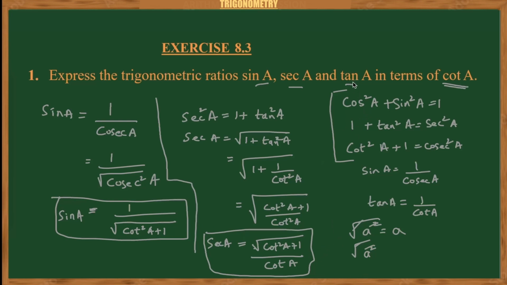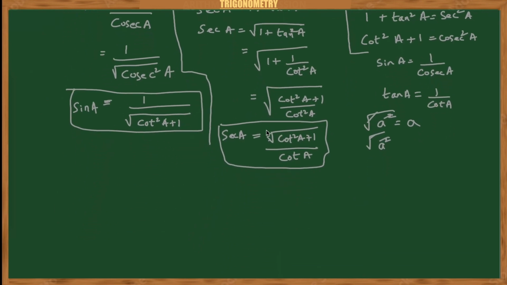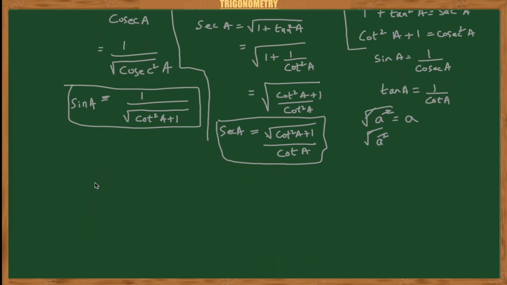So now we need to find tan A in terms of cot. Let's move it further. Tan can be represented as inverse of cot. This is the identity which we can use, 1 by cot A. So sin A is represented in terms of cot, sec A is represented in terms of cot, tan is represented in terms of cot.